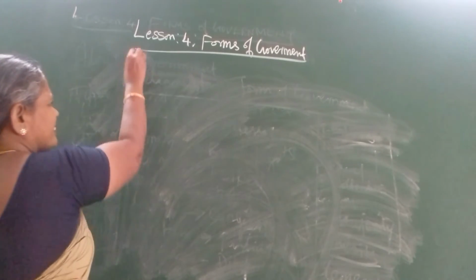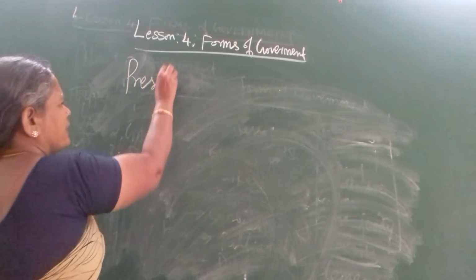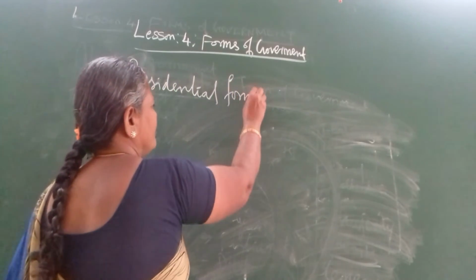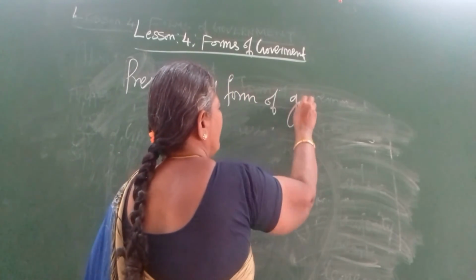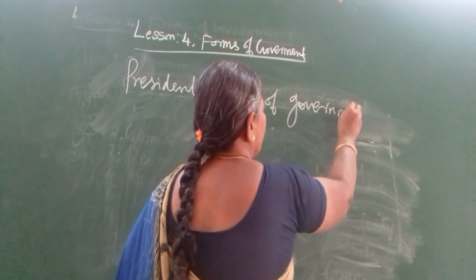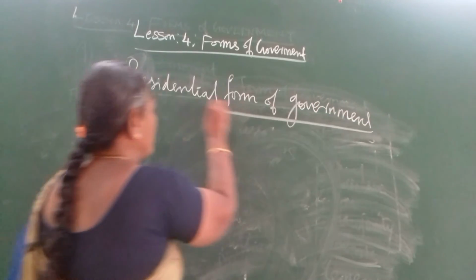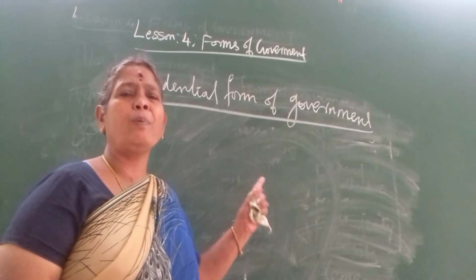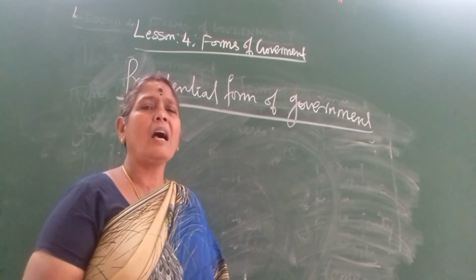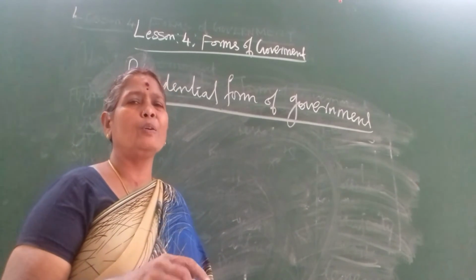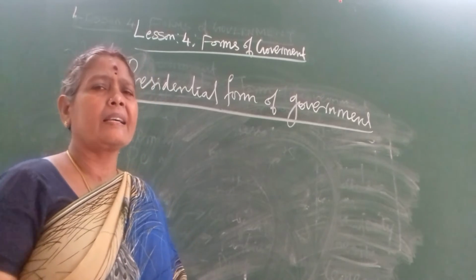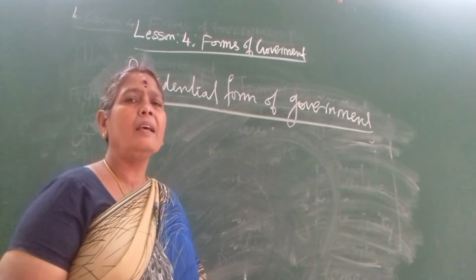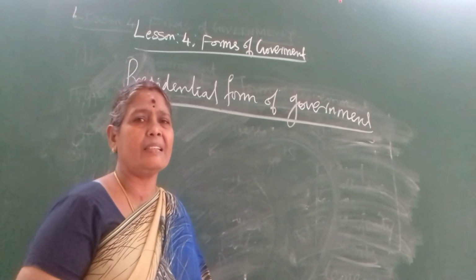Next, the presidential form of government. The presidential form of government is also called the non-parliamentary form of government and also fixed executive government, and the executive is responsible for carrying out the functions.